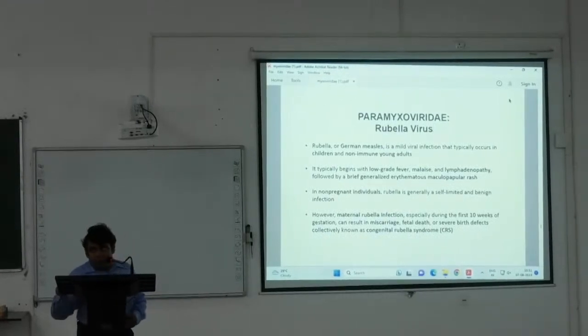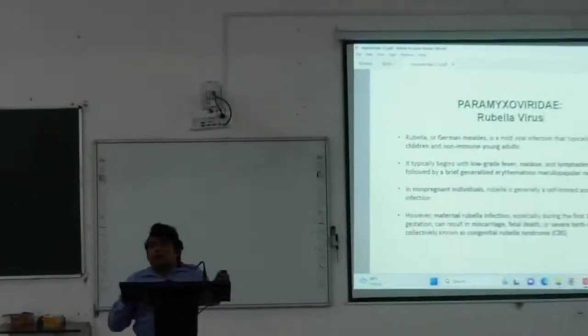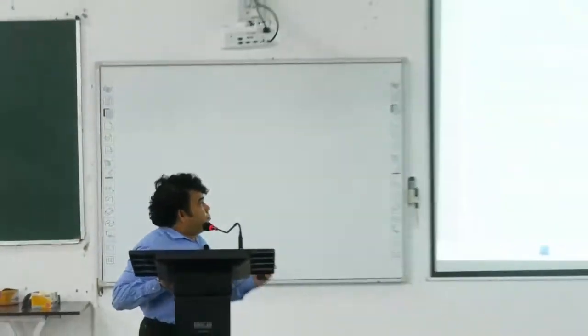What you should remember is, if a woman is not having any protection to rubella virus and she acquires the infection during her pregnancy, the outcome is very severe. If the infection occurs in the first 10 weeks of gestation, it causes massive damage to the fetus, which may result in miscarriage, fetal death, severe birth defects. This is called congenital rubella syndrome.